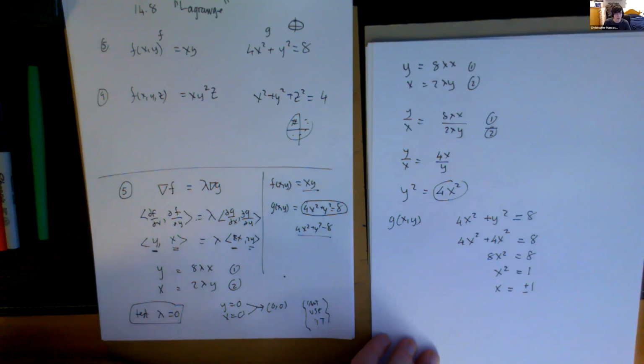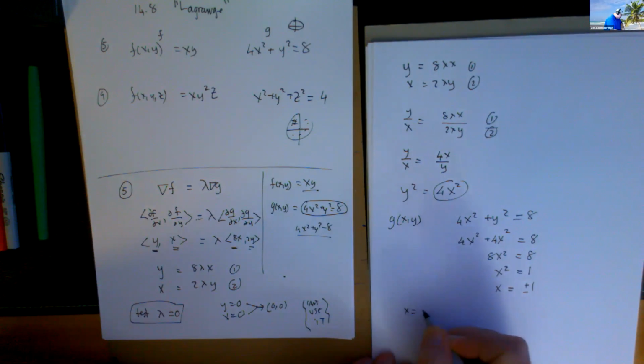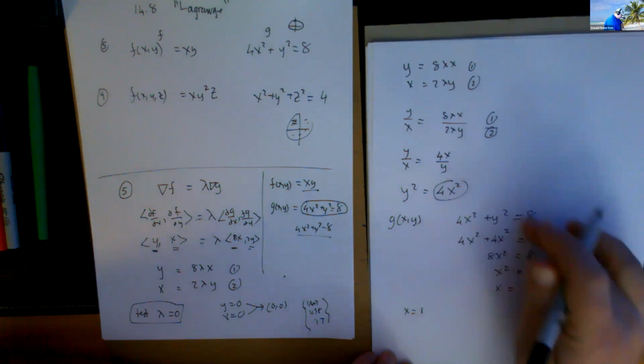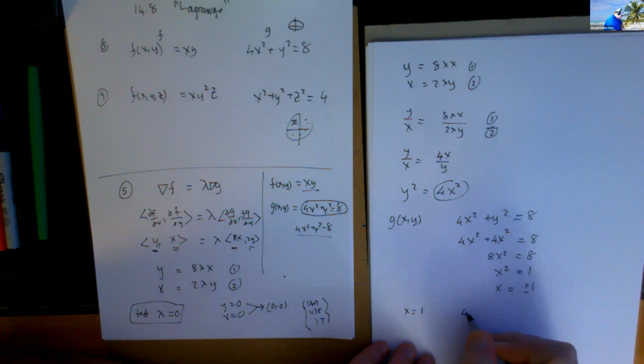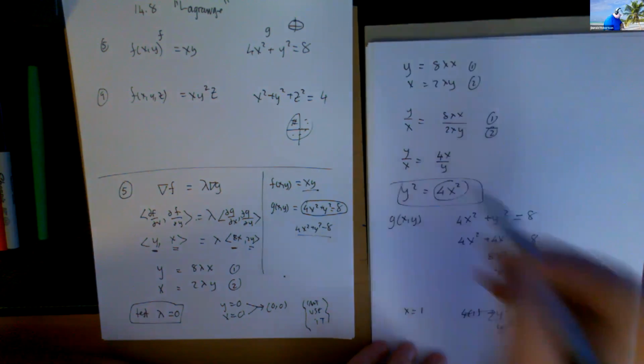Great. -1 plus 1. Now, when x is equal to 1, if you feed that back into the loop, then 4 lots of 1 squared, or -1 squared, plus y squared equals 8. Why am I doing this? Why don't I just use this information which does it quicker?